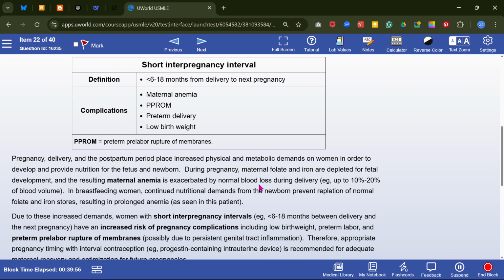Short pregnancy interval can cause anemia, PPROM, preterm delivery, and low birth weight.